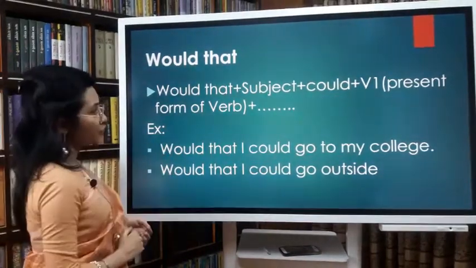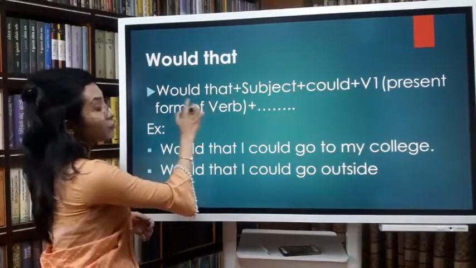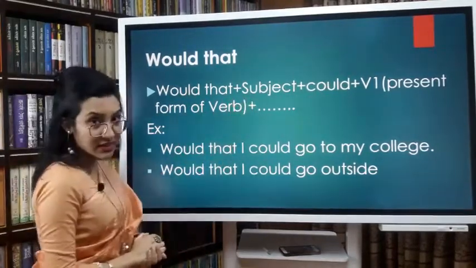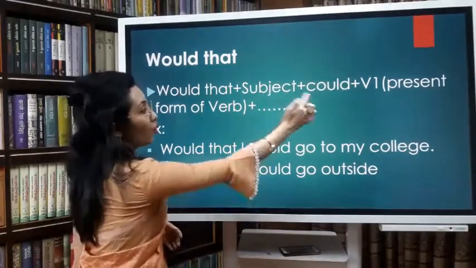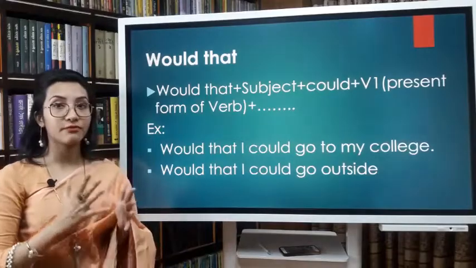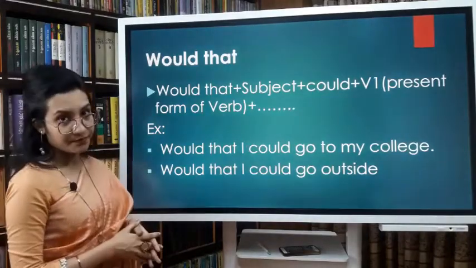So the structure is given here. If you have would that at the beginning of the sentence, you're going to use subject after that. You're going to have could, and then we are going to have V1. That means the present form of the verb.